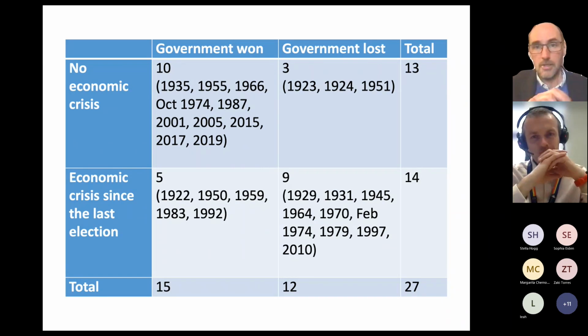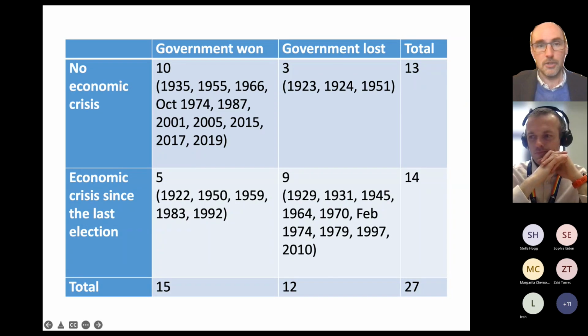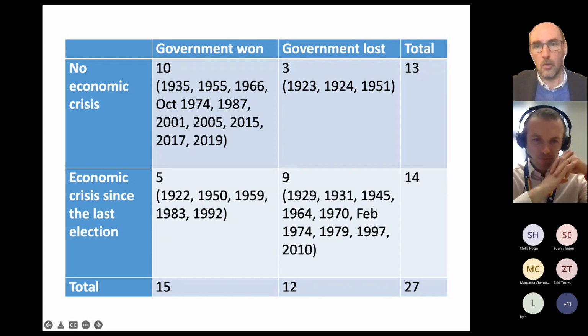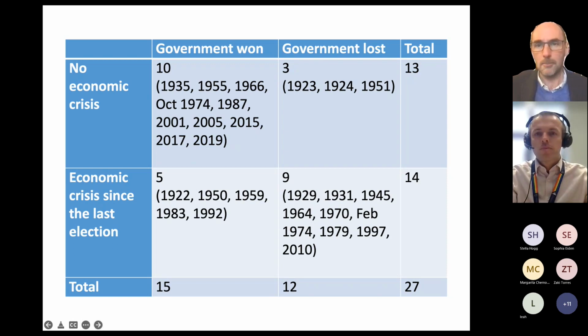Now, here's first key table. So this shows you whether governments won or whether they lost. Now, so I think I can't see the pointer. Can you see my pointer, Richard?